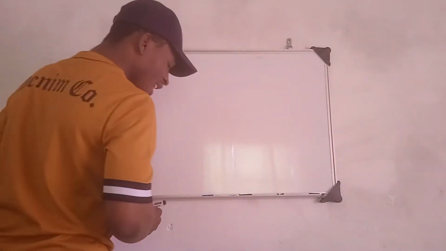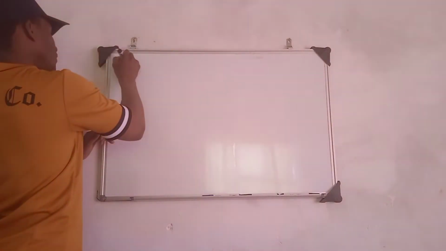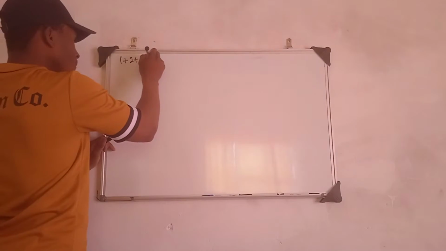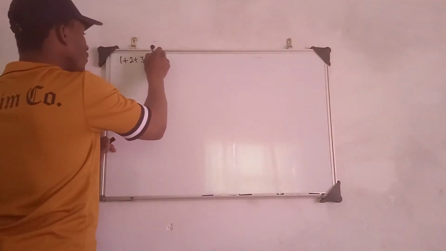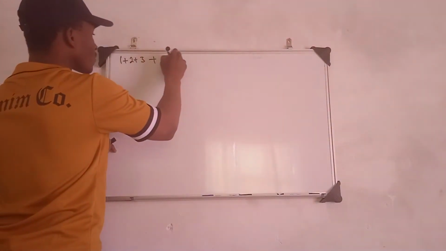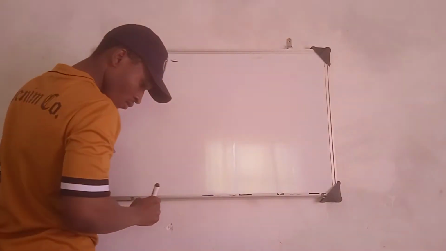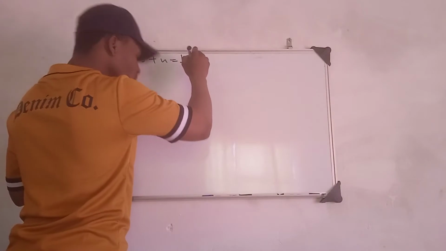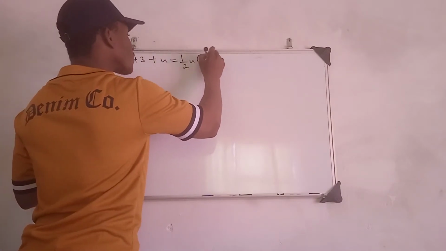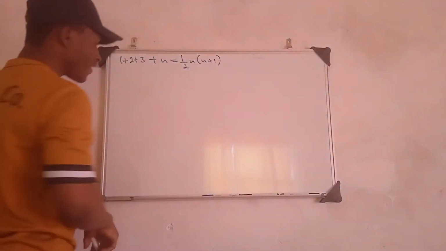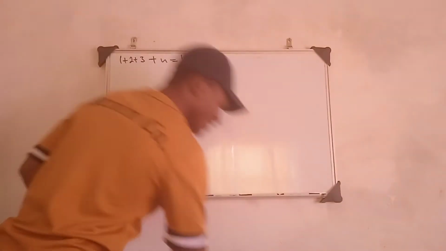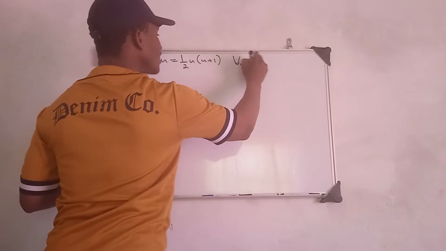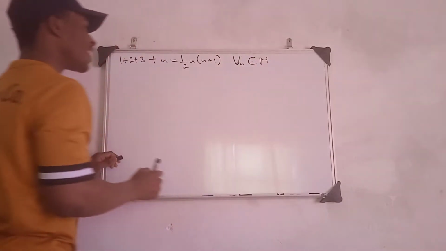Suppose we are having a series like this, and they're telling us that for all n that is an element of the natural numbers.